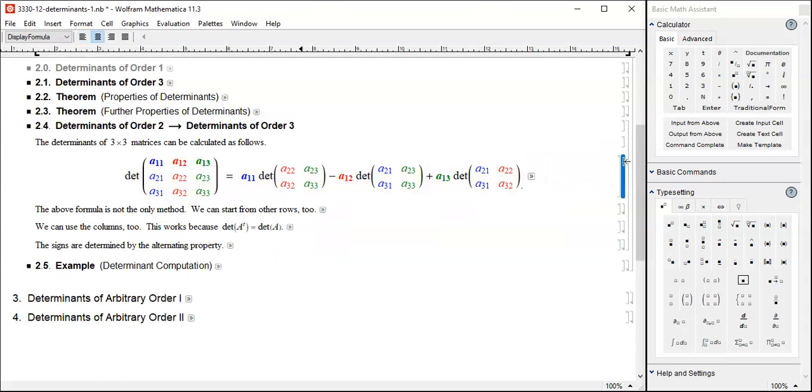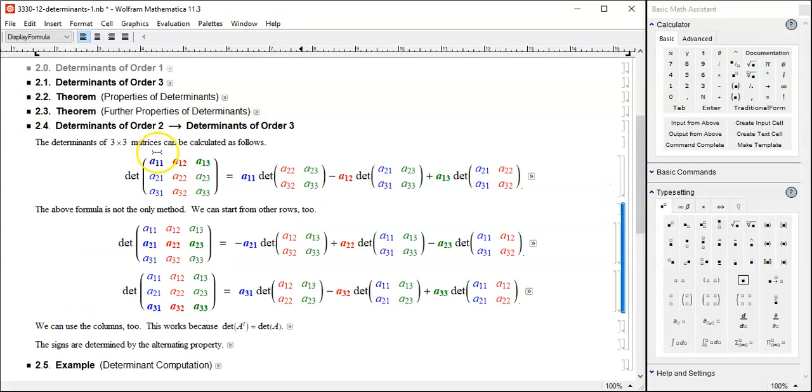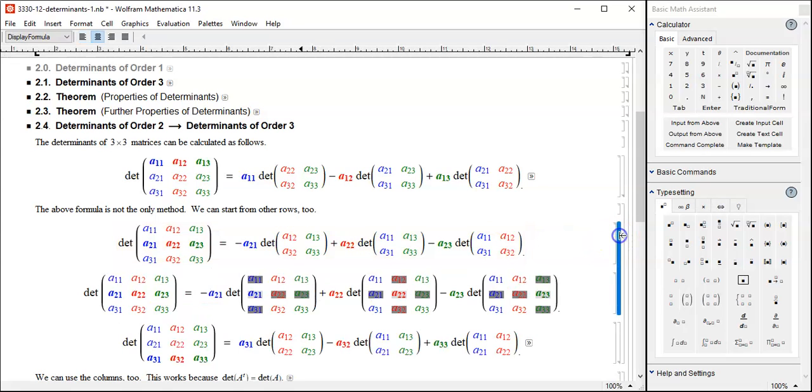Okay, now let's go to the second row. There are 3 rows, so we used the first row. What if I use the second row? Similar. A21, A22, A23, those are 3 numbers. And we take the deleted matrices. So we want A21, and we delete the row and column where this A21 came from.